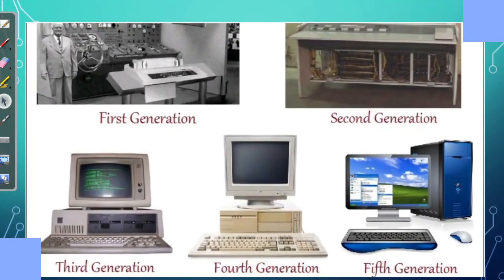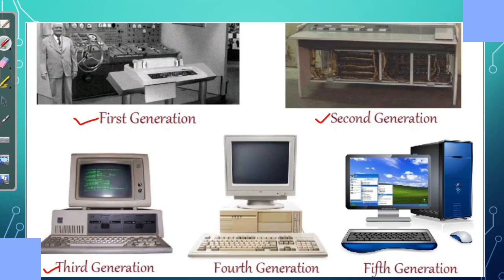Now, this is the first generation machine. Just to have a look at it, because we will see it clearly now. This is your first generation, which is room size. This is your second generation. After the third generation, we can see the computer take its framed form.